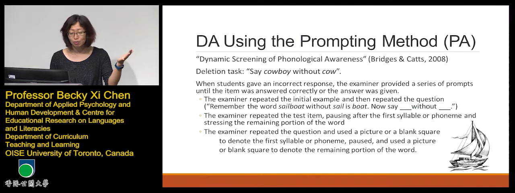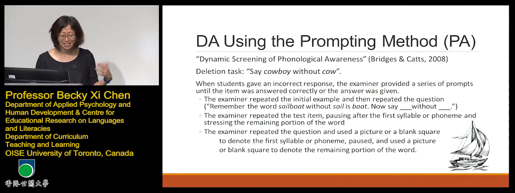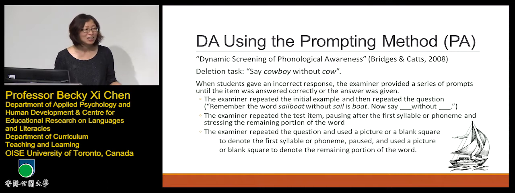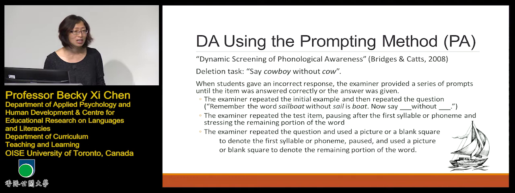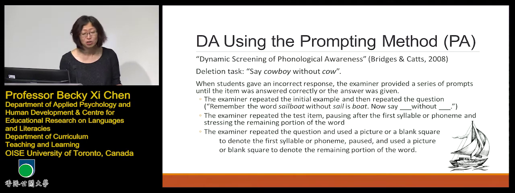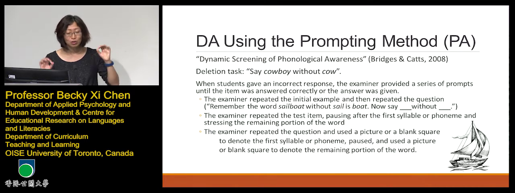So this is a syllable deletion task. So say cowboy. Now say cowboy without cow. And the answer is boy, right? To us, it's very simple, but to children, especially very young children, it could be challenging. Also, this task goes from syllable to onset rhyme and then to phonemes.